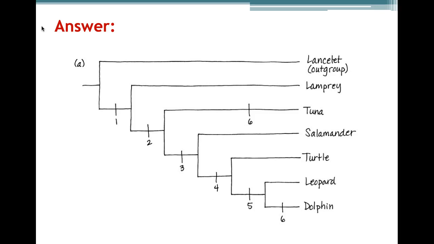Now, in terms of the majority of the other characteristics, the tuna doesn't have them. It's a fish, it doesn't have limbs, it does not develop in an amniotic sac, it doesn't produce milk, but similar to the dolphin, it does have a dorsal fin. So a fin like on its back or the top of it. So for this exception, you would then write in a hatch mark and put the number 6 or write in the dorsal fin.